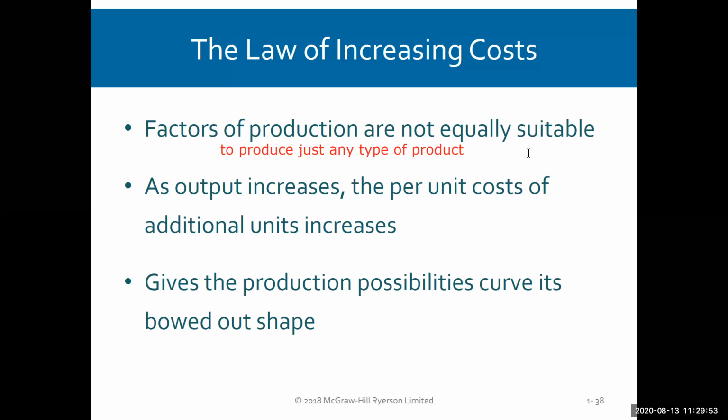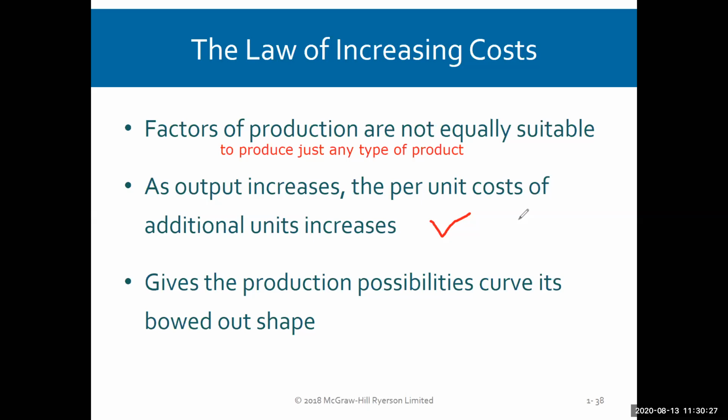But because we had to take more than just 100 wheat field workers, we're giving up increasing amounts of wheat as we produce more and more cars because we take those extra workers away from the wheat fields. So hopefully that helps explain this second point here: as output increases, the per unit costs of additional units increase. So when we want that extra 100 cars, there's no extra 100 potential car employees out there because everybody's fully employed in our model.